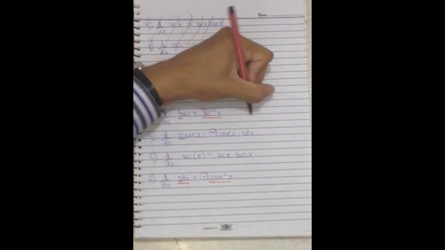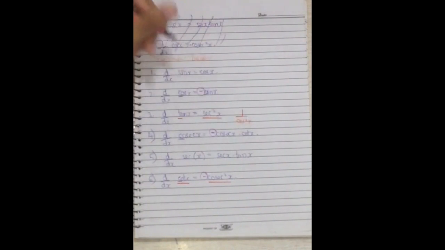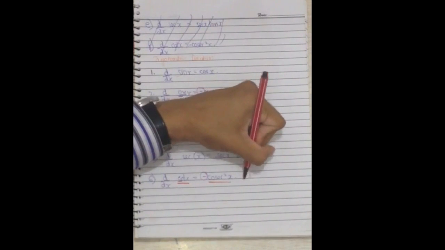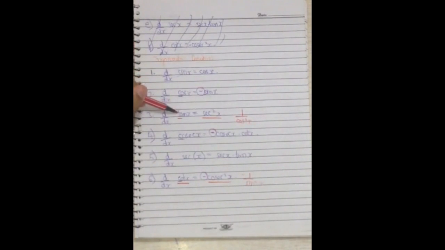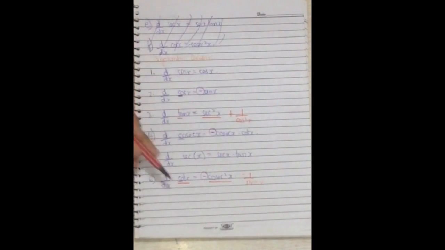We know that sec square x is 1 upon cos square x, while cosec square x is 1 upon sine square x. So if it's a tan, it is a positive 1 upon cos square x, and if it's a cot, then it is a negative 1 upon sine square x.